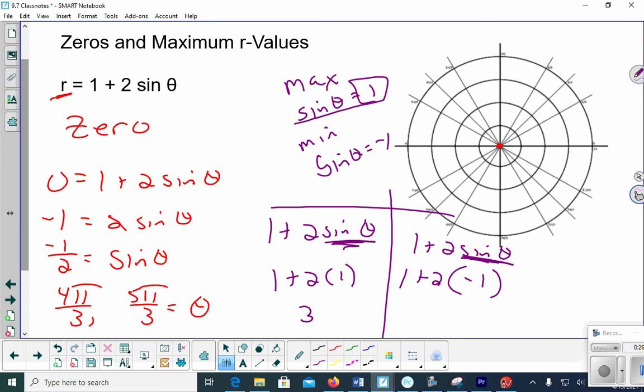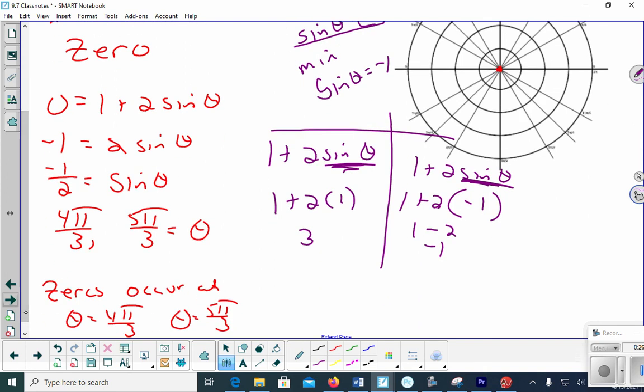So I'm going to have 1 minus 2, which is negative 1. So when I plot this on my paper, all the numbers are going to be between 3 and negative 1.